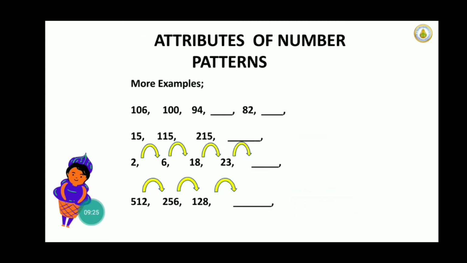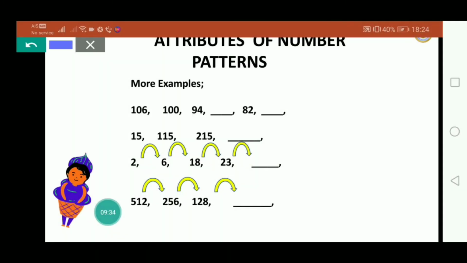We have more examples here. So we have here 106, 100, 94. So what will be the next number? Is it increasing or decreasing? Yes, this number pattern is decreasing. So how many did they take away in each number? So from 106, it became 100.